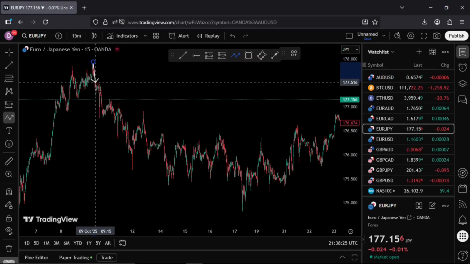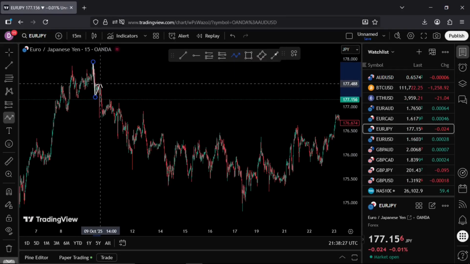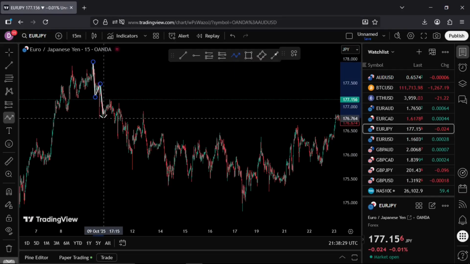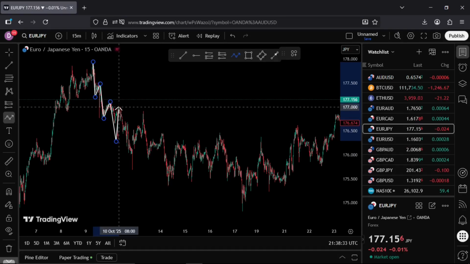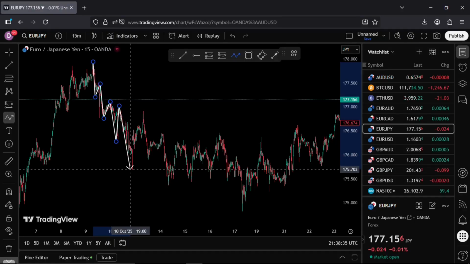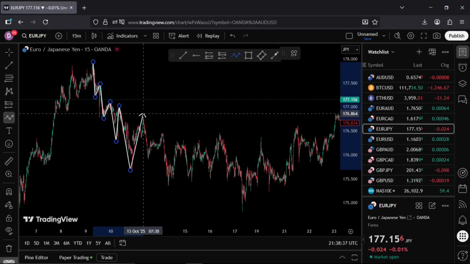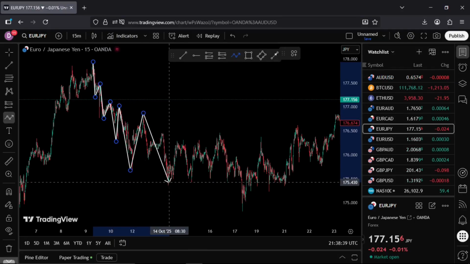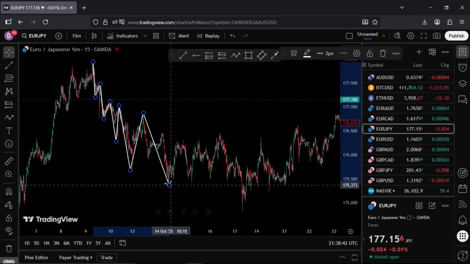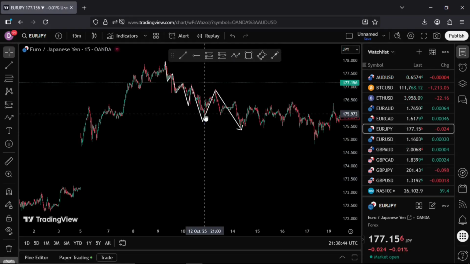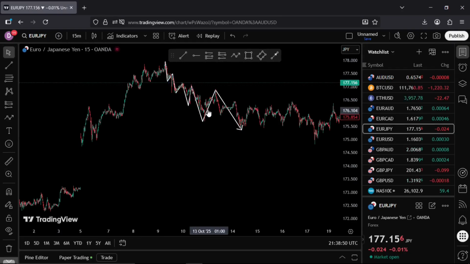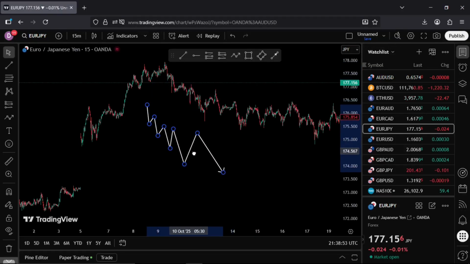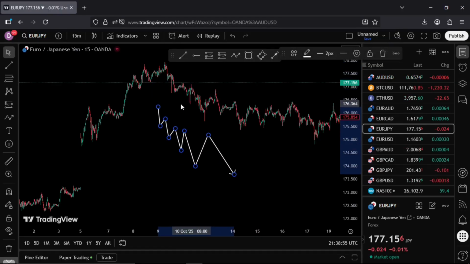It made a push, pull back, push, pull back, push, pull back, or impulsive move, retracement, impulsive move, and so on and so on. As you can see, I just used my eyes. Let me bring back the arrow. I just use my eyes to draw the structure points.